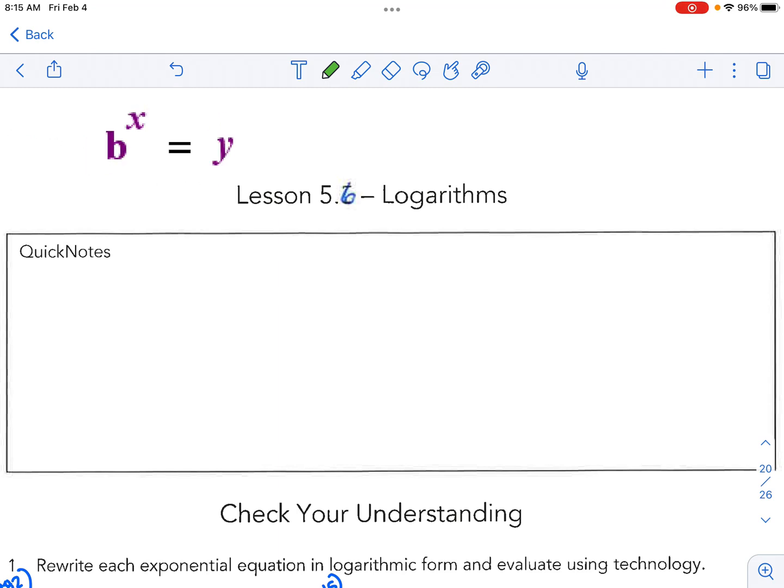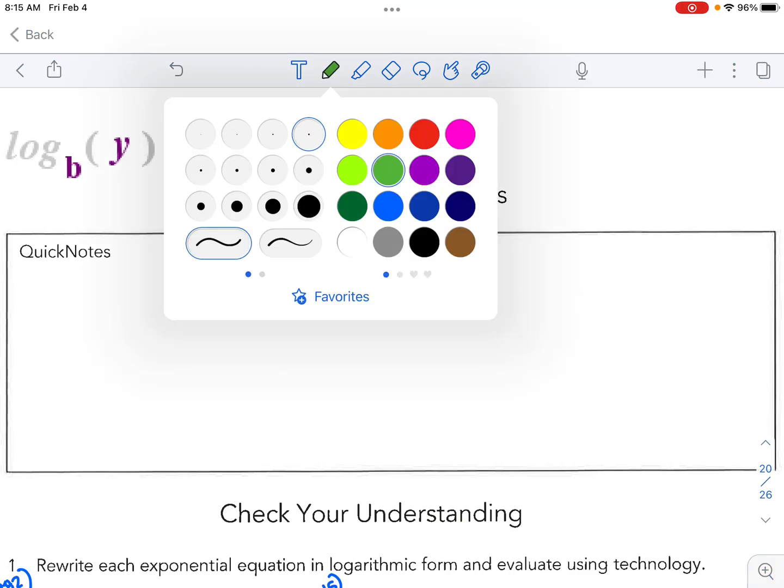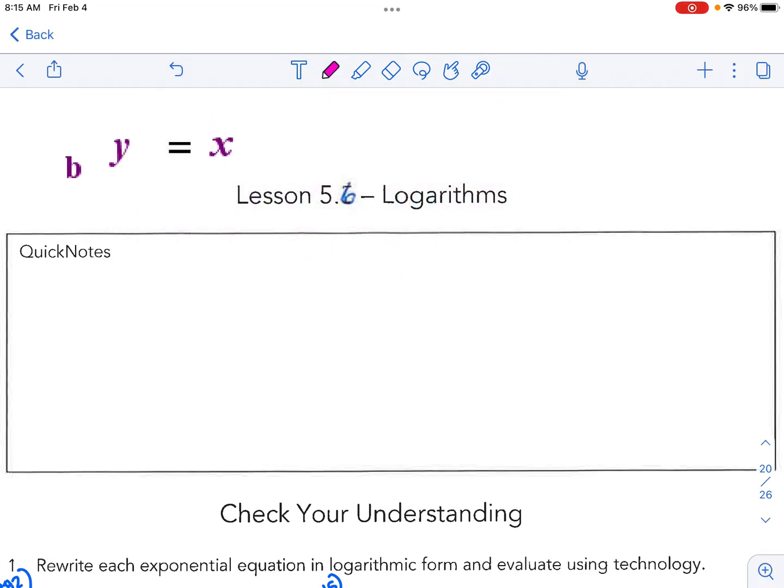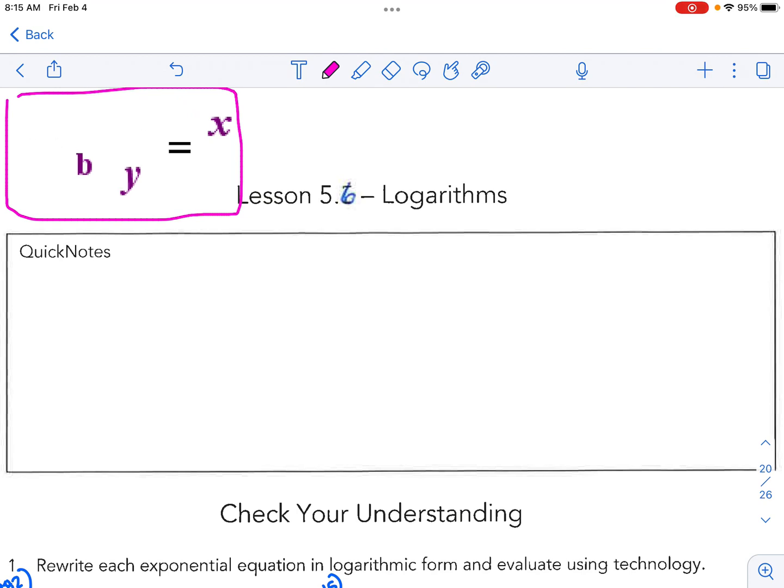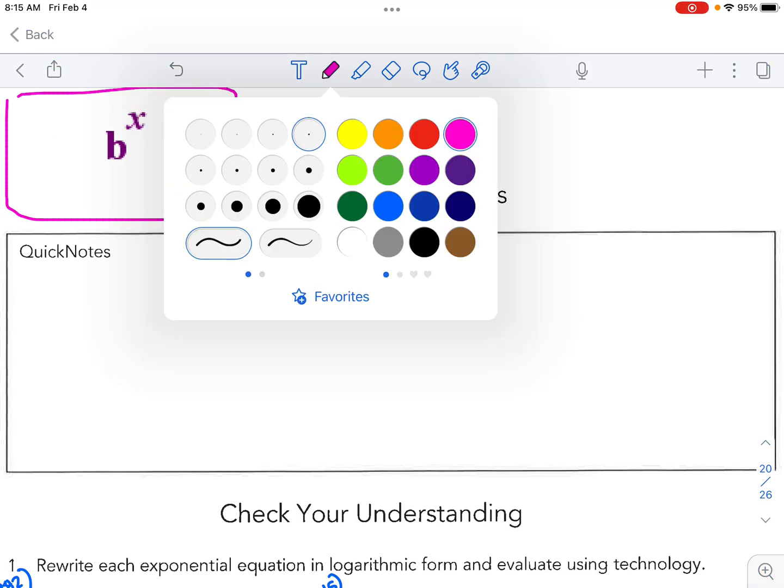And if you notice the animation over here, it's taking a logarithmic expression and converting it to its equivalent exponential expression. And you see how the base and the power and that answer all rearrange.